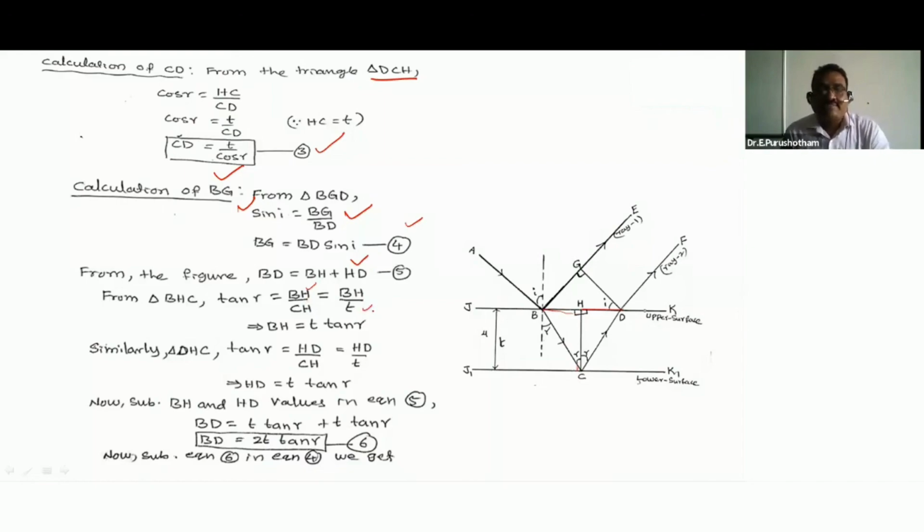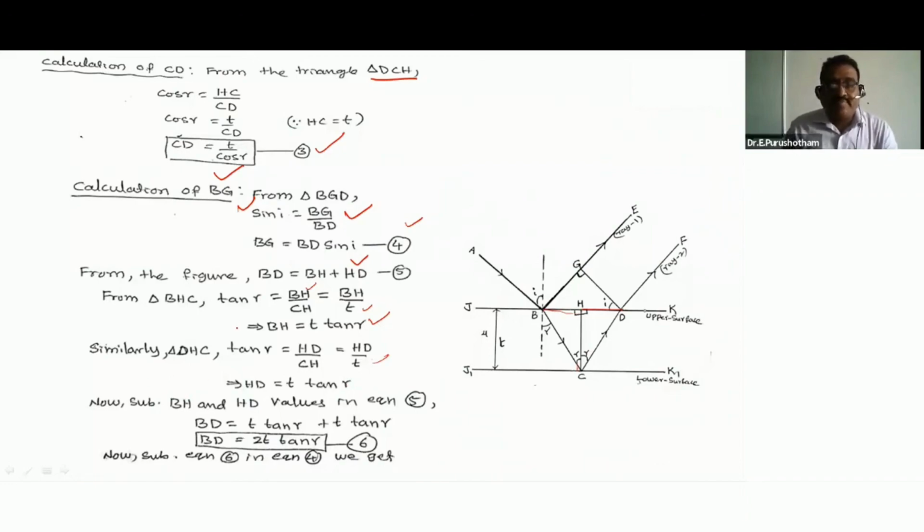Again, this is small t. So BH is equal to t tan R. Similarly, in triangle DHC, we take tan R, that is HD by CH, HD by t. So HD is equal to t into tan R.